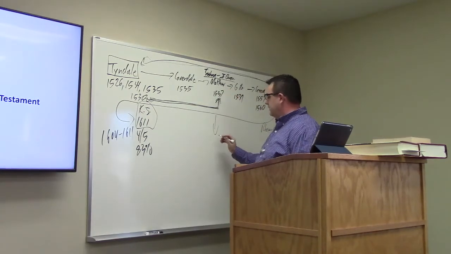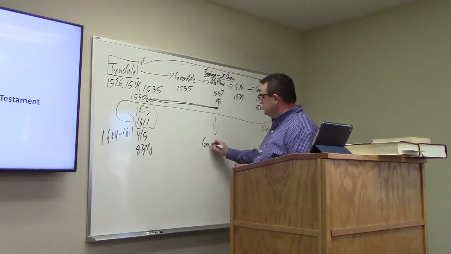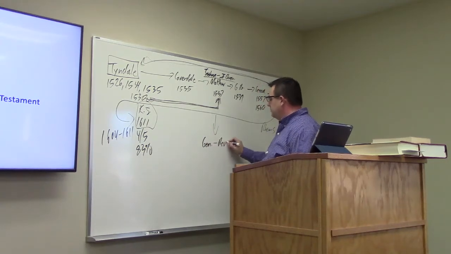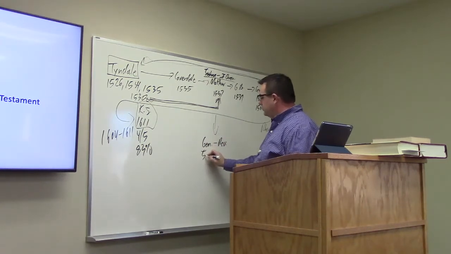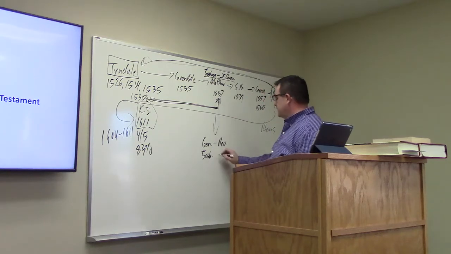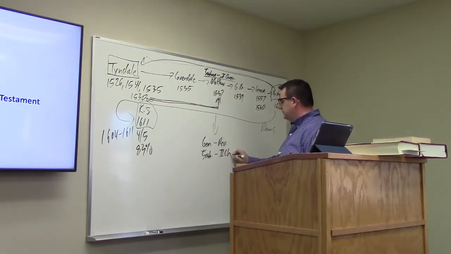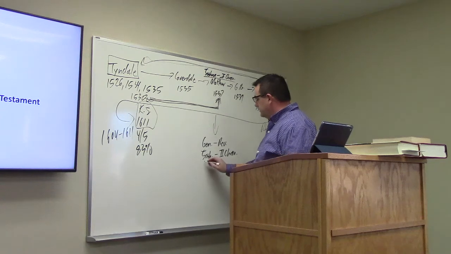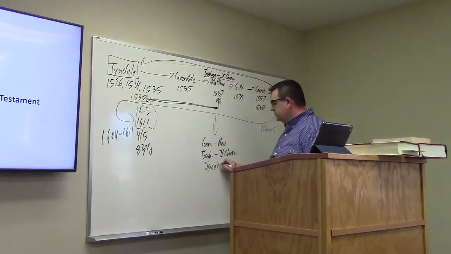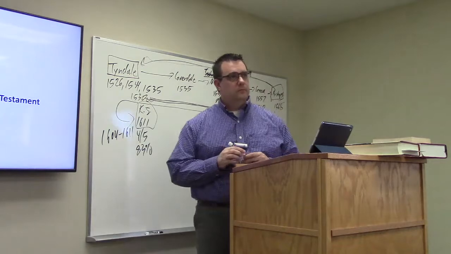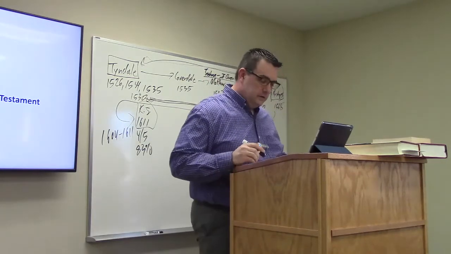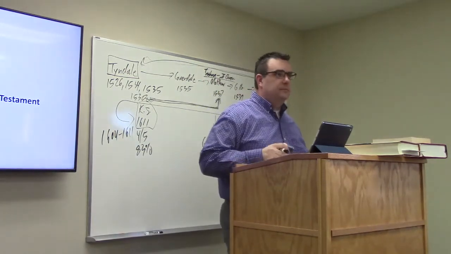The Matthew's Bible then would be Tyndale in Genesis through Revelation. It would be Tyndale in Joshua. So Josh through 2nd Chronicles. It would be Tyndale also in the book of what? Jonah. Okay? Any questions about that?